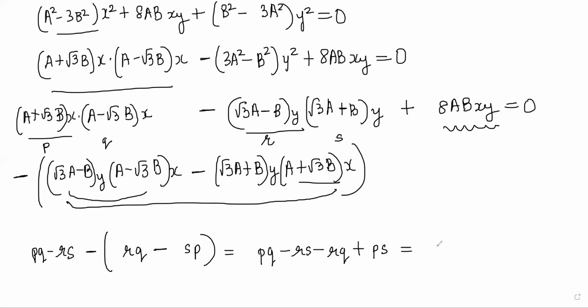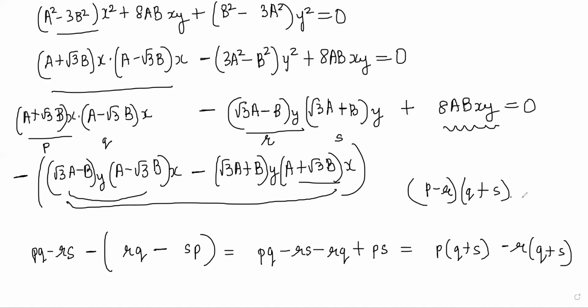So obviously p common q plus s minus r common q plus s. This is equal to p minus r into q plus s, right?